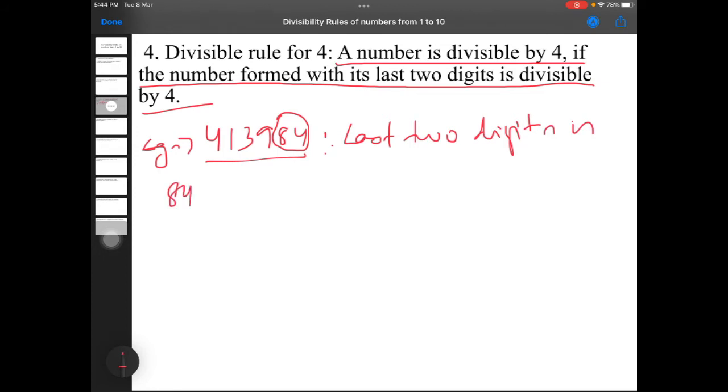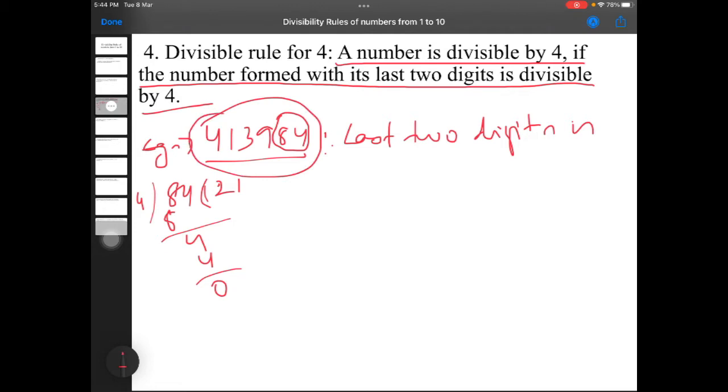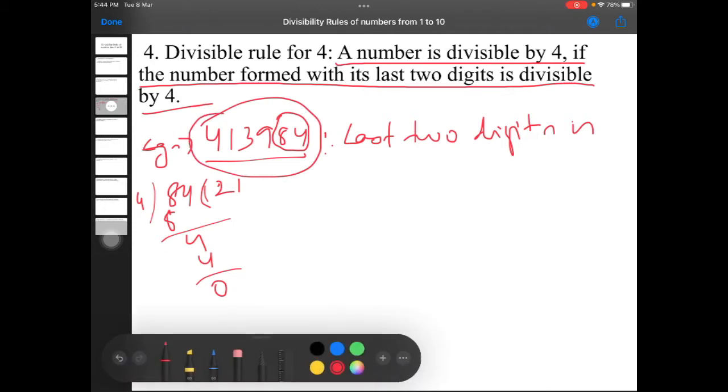So let's try to divide 84 by 4. How much will it be? 4 times 2 is 8, then 4, then 1. So 84 can be divided by 4. So this whole number can be divided by 4. So let's see the calculation.